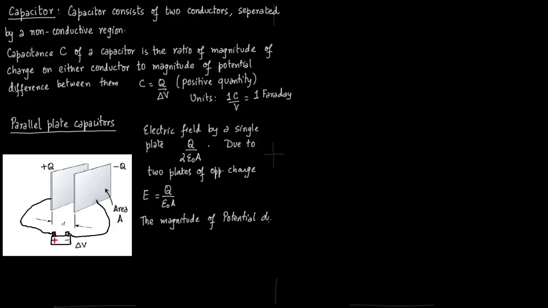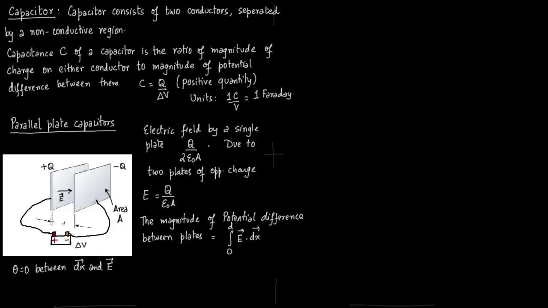Now the magnitude of potential difference between these plates is equal to, we use our formula for potential difference, integral of E vector dot dx vector, and you move from initial distance 0 to final distance d. So you move from one plate to another because electric field comes out from plus Q and goes into minus Q. So theta is 0 between electric field and the displacement.